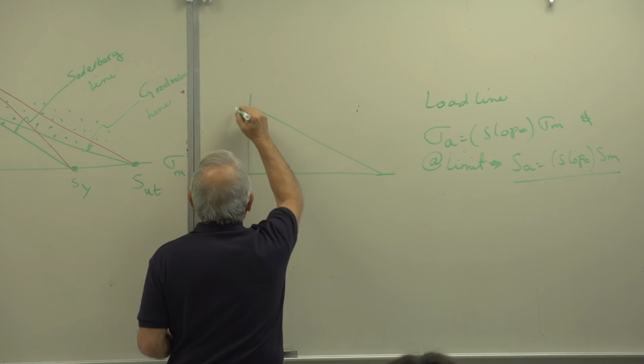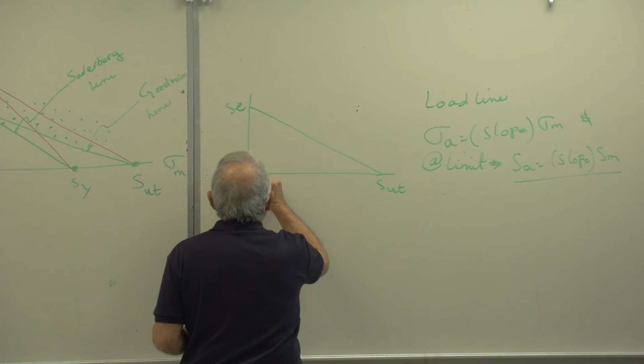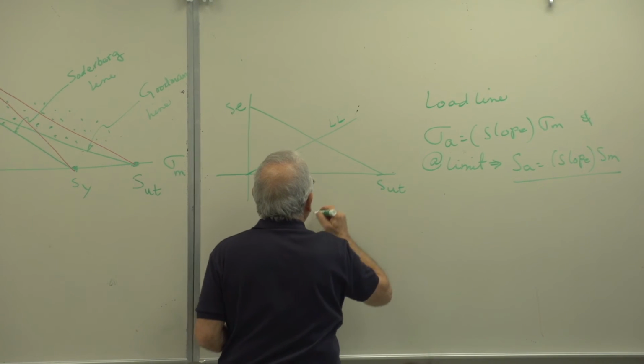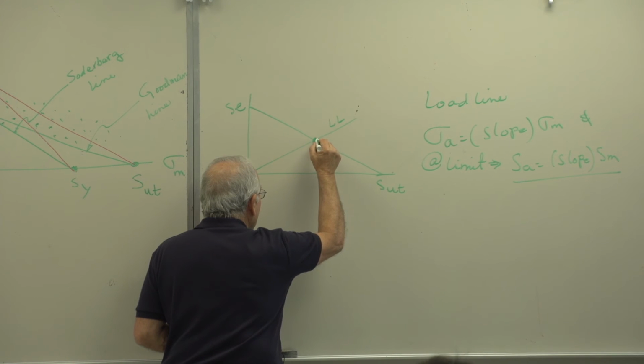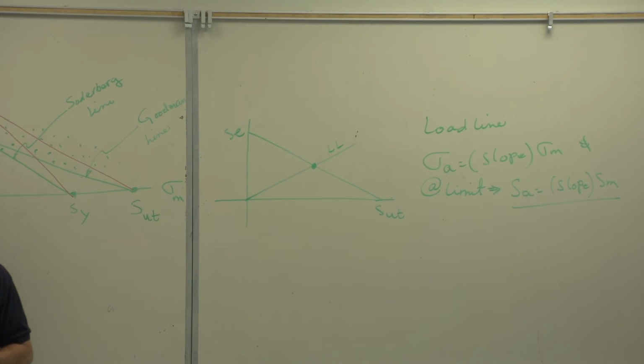This is the Goodman line, and here's the load line. I write the equation of both lines with the coordinates of that point.